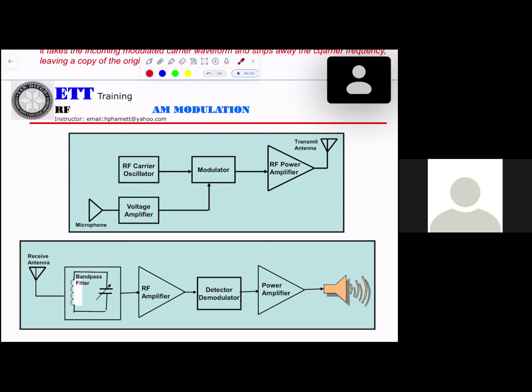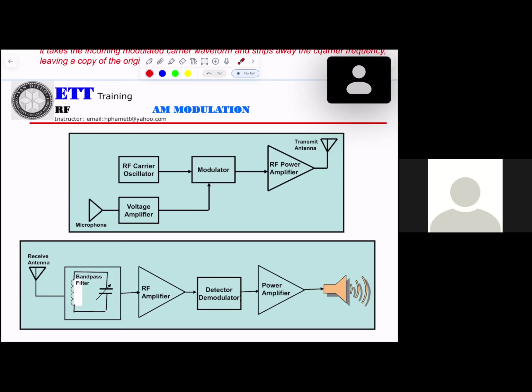So those two signals go to the modulator. After the modulator, the signal goes to the RF power amplifier, then to the antenna to transmit it over the air.